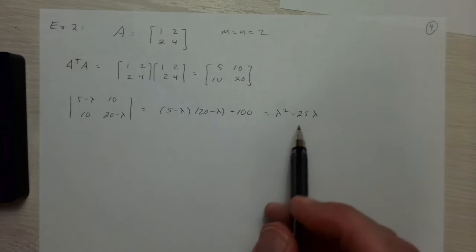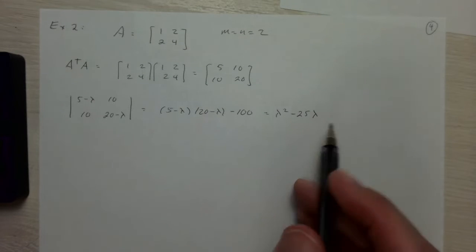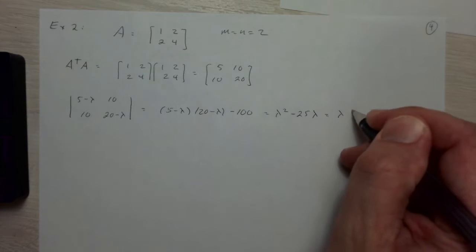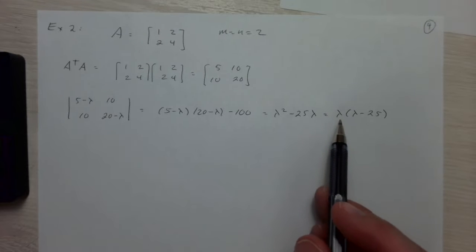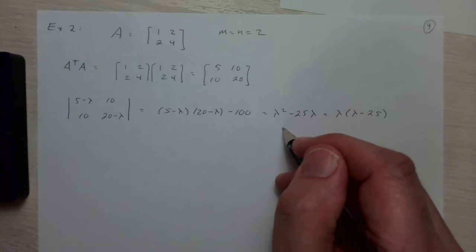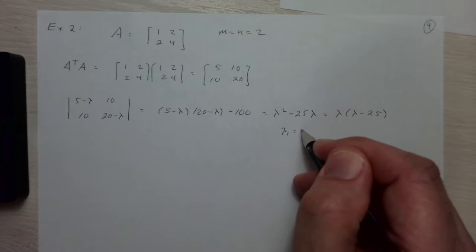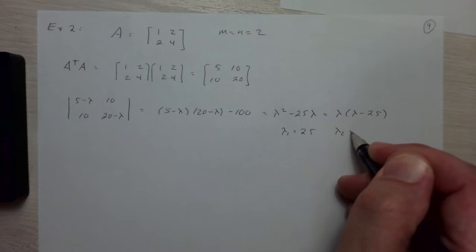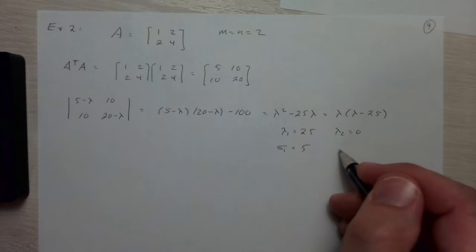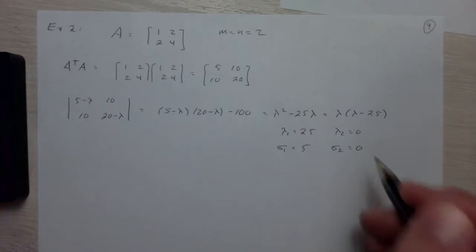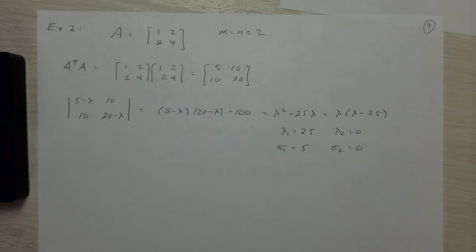So this is the characteristic polynomial. This factors very nicely, and we can see that the eigenvalues will be 0 and 25. So we'll let lambda 1 be 25, lambda 2 be 0. So sigma 1 is the square root of 25, which is 5, and sigma 2 is 0. So those are the singular values.